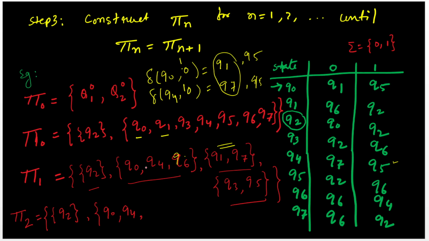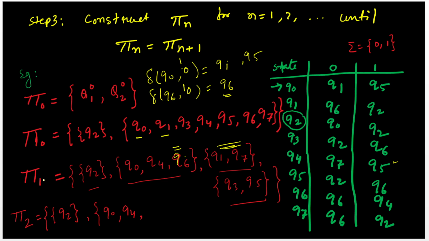Now we check Q0 with Q6. Taking 0, Q6 goes to Q6. Look, Q1 belongs to this equivalent class, but Q6 belongs to this equivalence class. So they are not in the same equivalent classes of pi 1.